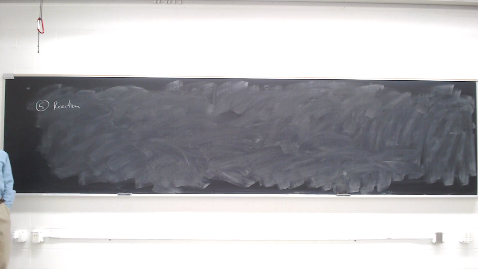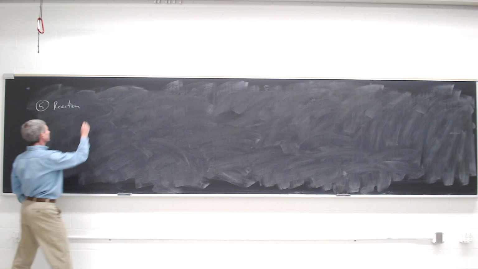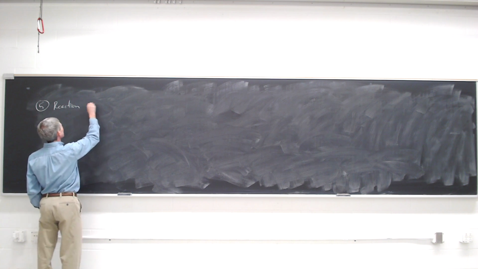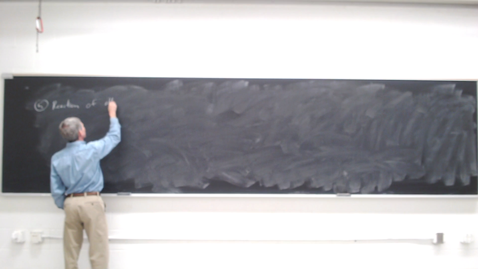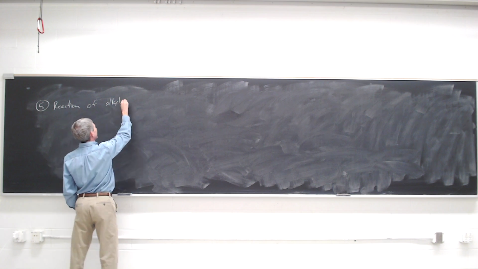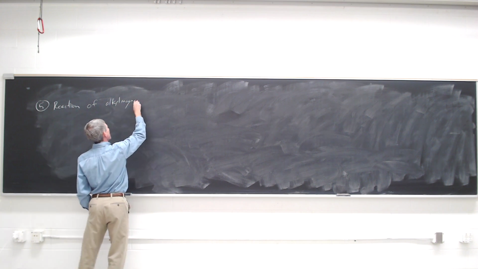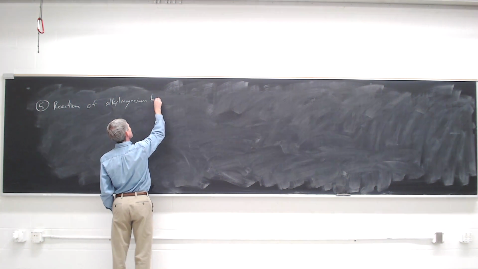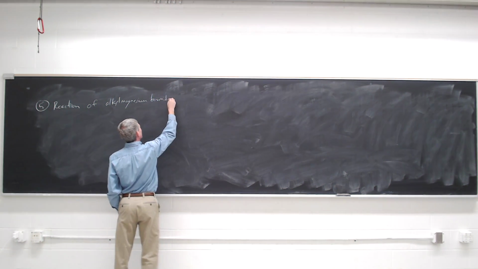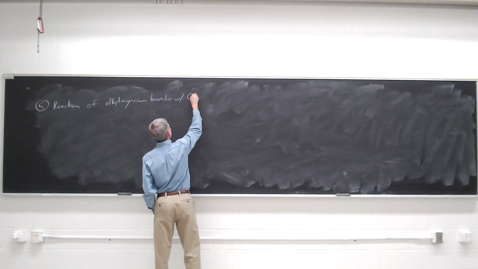The fifth way, which is commonly used for aromatic acids, is to react alkyl magnesium bromides with carbon dioxide.